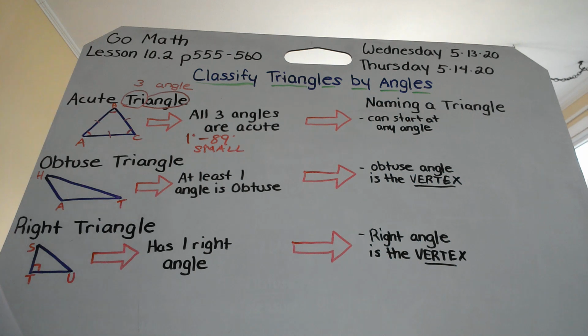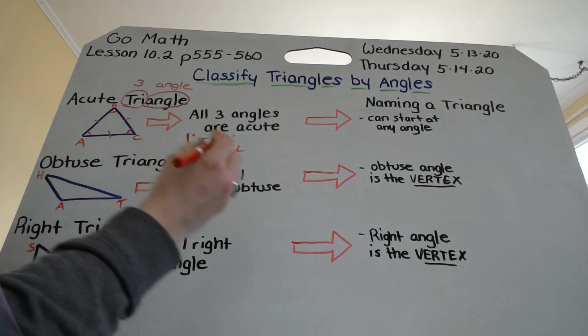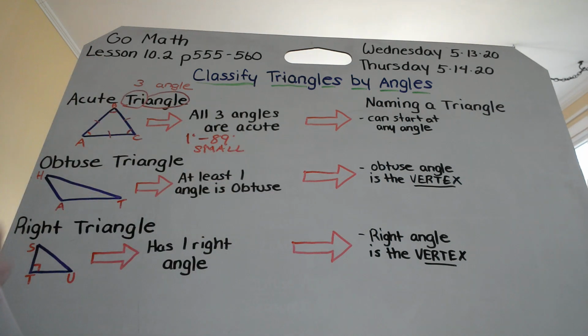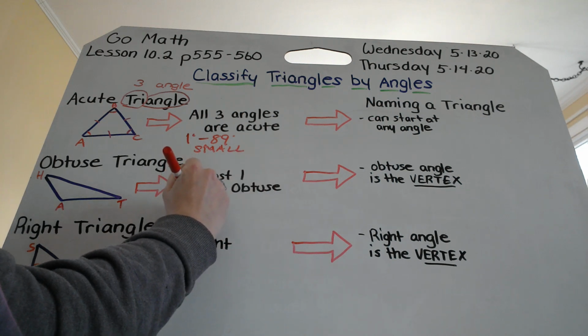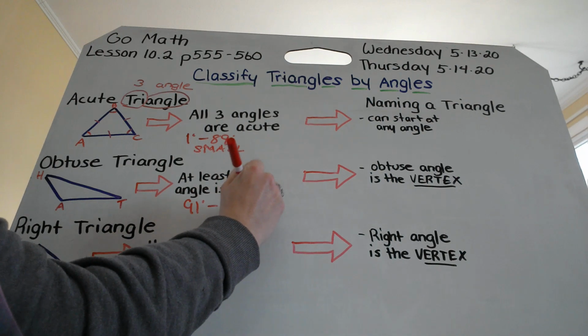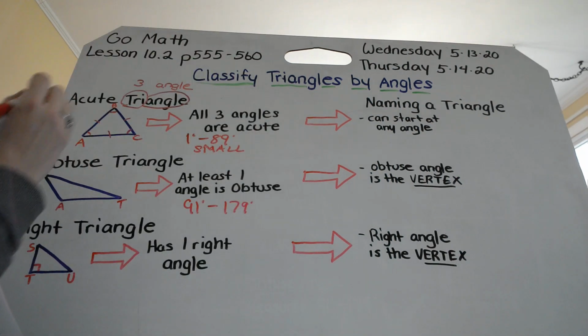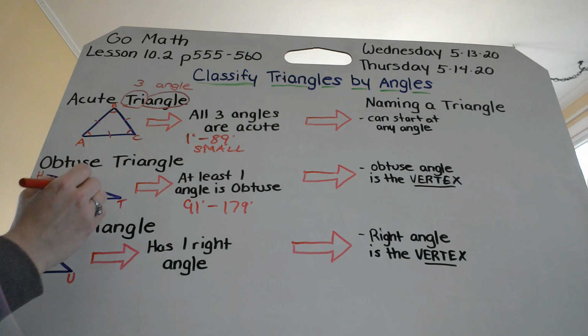An obtuse triangle, at least one of these angles is obtuse, okay? Remember on Monday we said obtuse, it's fat, it's big. So this angle is 91 degrees all the way up to 179 degrees. It's fat. So if you look at this triangle right here, I have this angle right here, which is super tiny, so that's an acute.